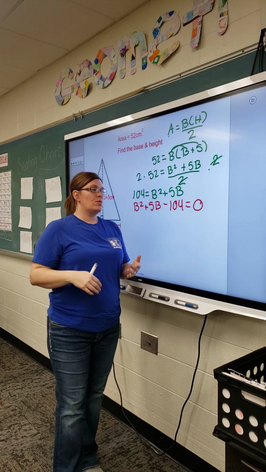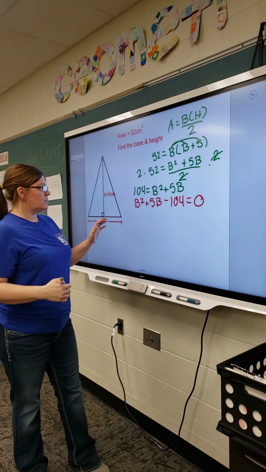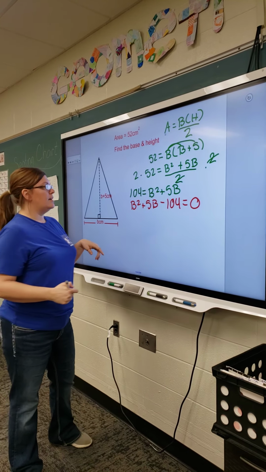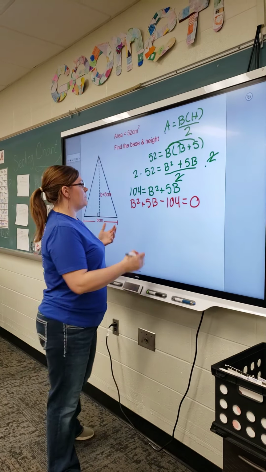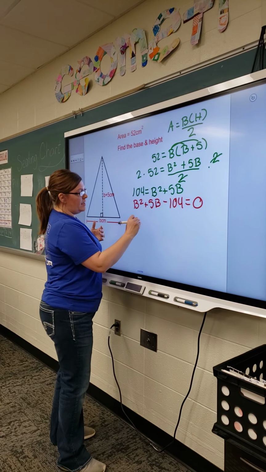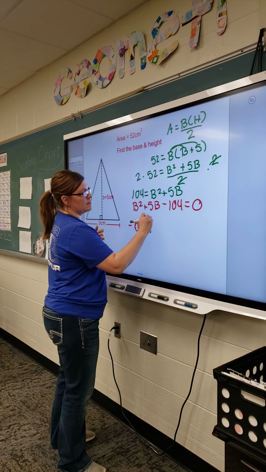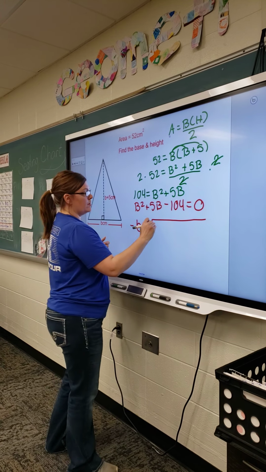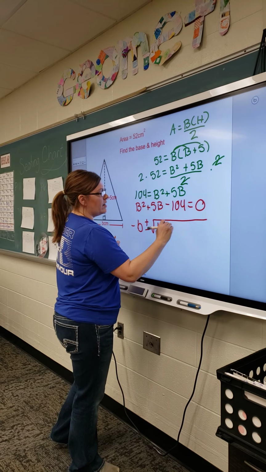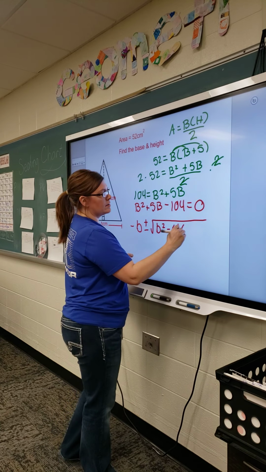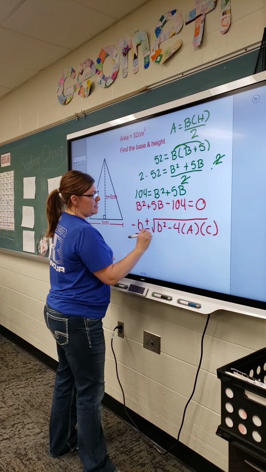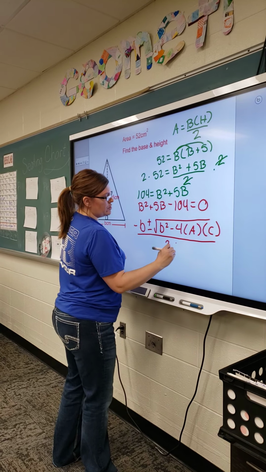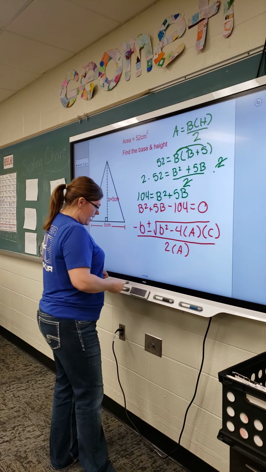Now you have to do quadratic formula. I don't know if factoring works out. Probably. I haven't tried it. Most of you don't factor, so I'm going to give you the formula in case you don't have it at home. Negative b plus or minus the square root of b squared minus 4 times a times c, all over 2 times a.